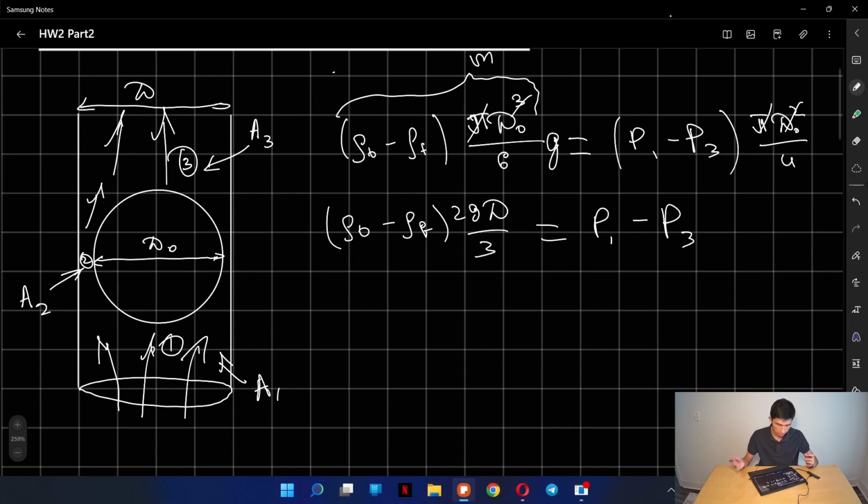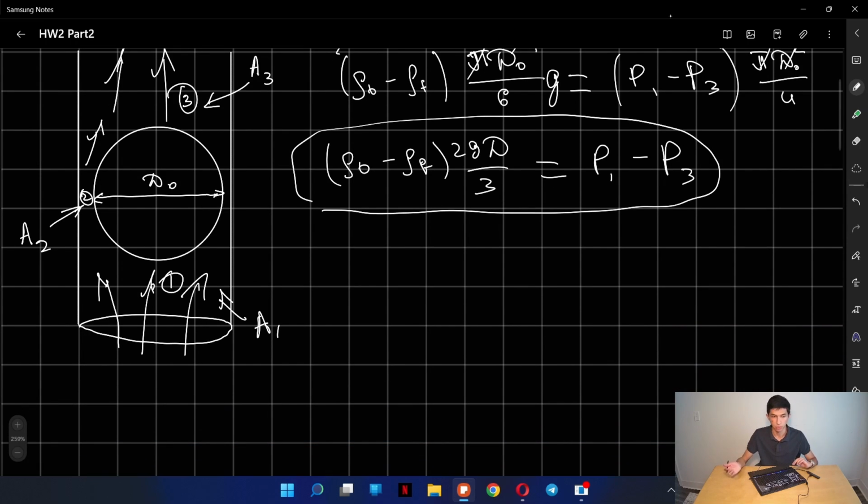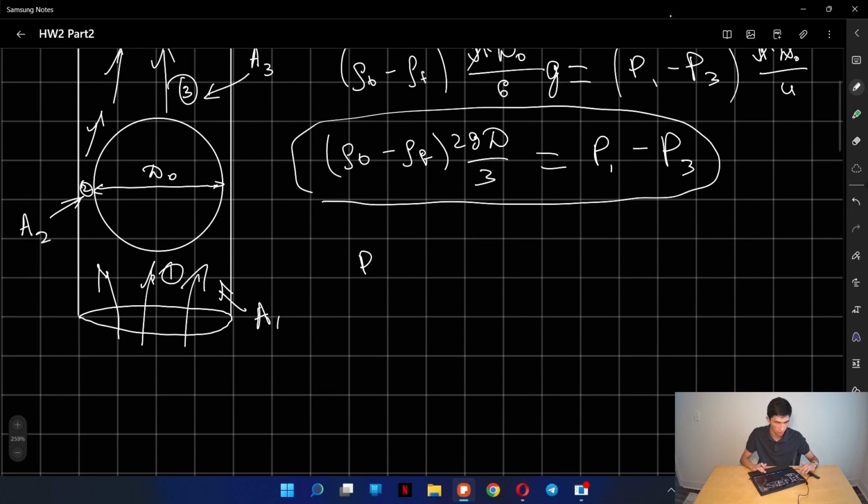Okay. Now we have our expression that relates pressure 1 and pressure 3. Now we can use the Bernoulli equation and try to apply it to see what we can do. I'm going to consider the Bernoulli equation from point 2 and point 3.